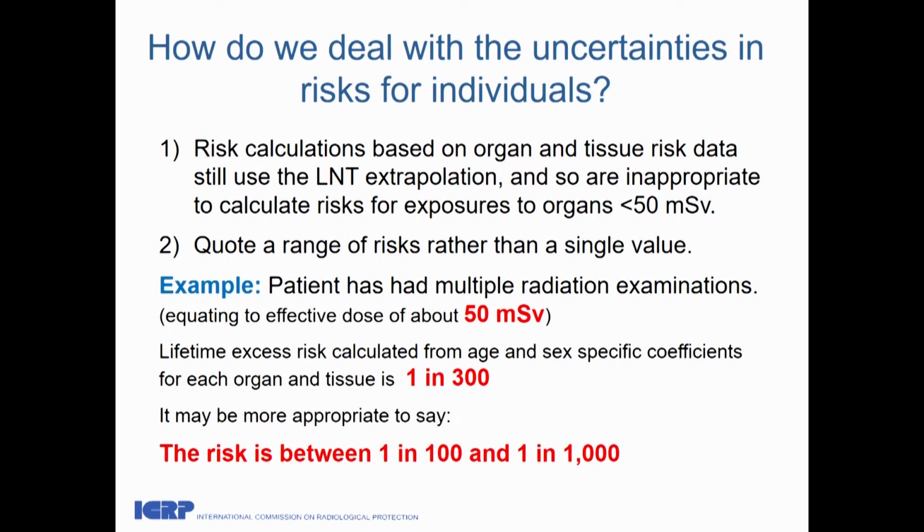So how do we deal with individuals? Well, this isn't ICRP, this is just me throwing out a suggestion. I don't tend to calculate risks at doses less than about 50 millisieverts for an organ, so I don't actually do that at all in my general practice.